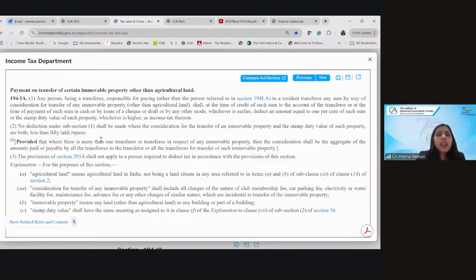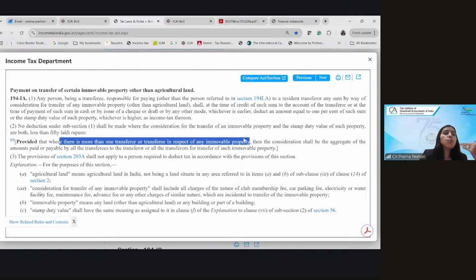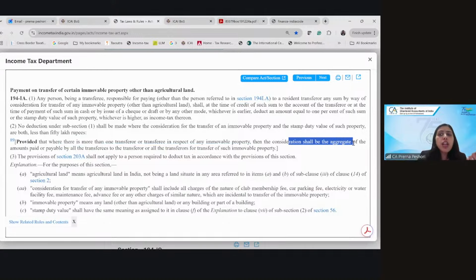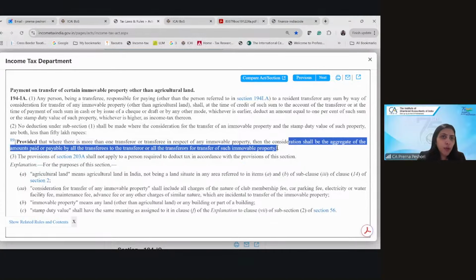Provided that where there is more than one transferor or transferee in respect of immovable property, meaning more than one buyer or seller, then the consideration shall be the aggregate of the amount paid or payable by all the transferees to all the transferors for the transfer of immovable property.